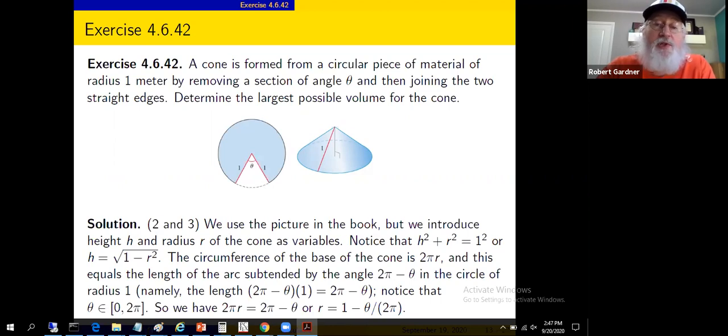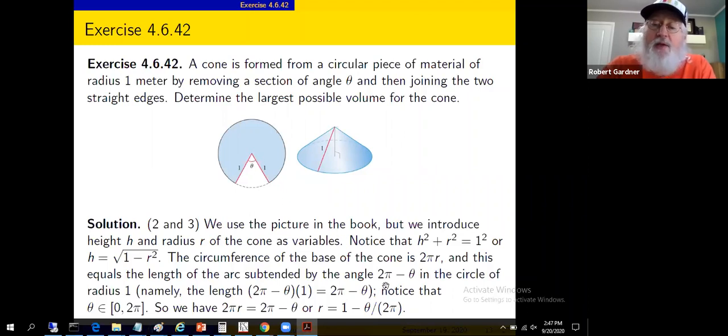If you want to do that more slowly, the distance all the way around the circle would be 2 pi times 1, 2 pi times the radius. And then the little part that we left off, remember how you measure arc lengths around a circle, since we're measuring the angle in radians, would simply be theta times radius. Theta r, and the radius of this one is 1, so it's simply theta.